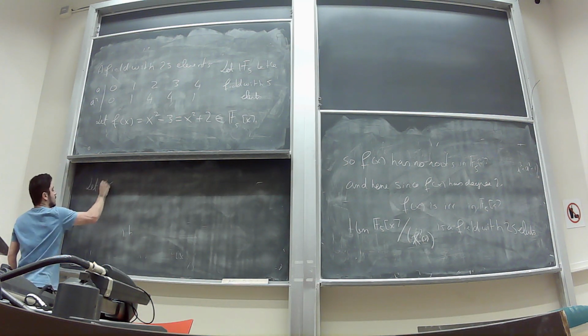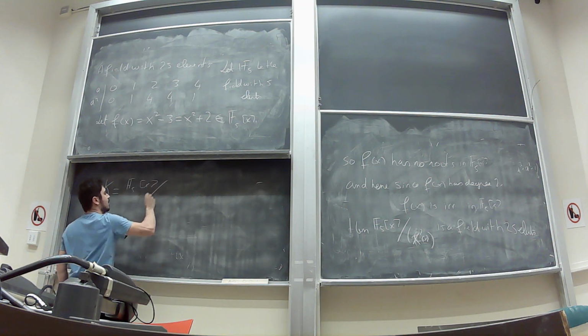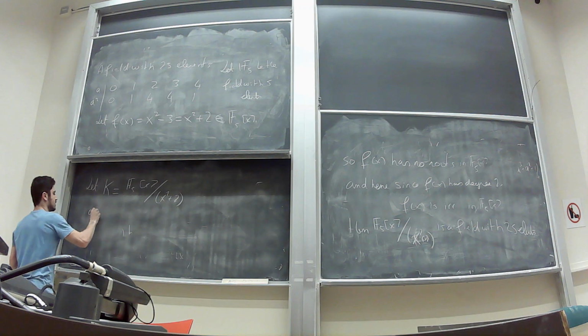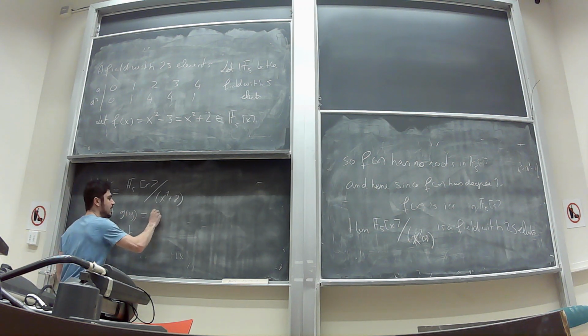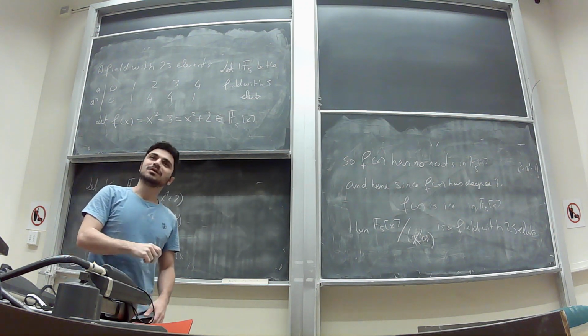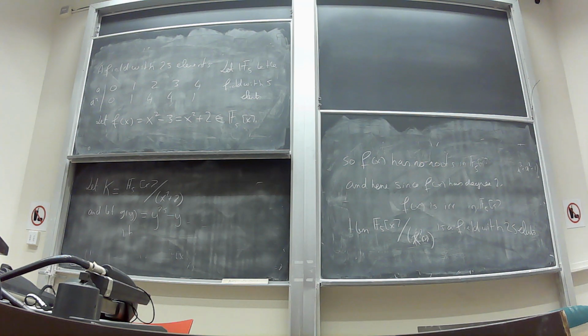Let K be equal to F5[x] mod x squared plus 2, and let g of y be equal to y to the 25 minus 1. So g is a polynomial of degree 25 in this ring, with coefficients in this field of 25 elements.